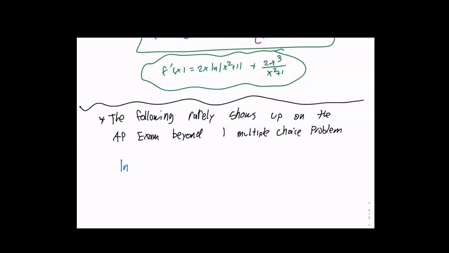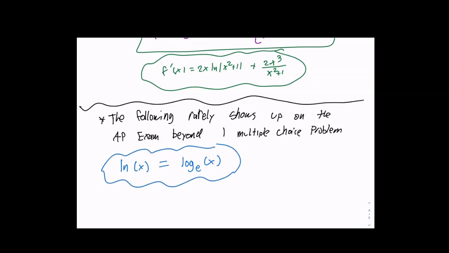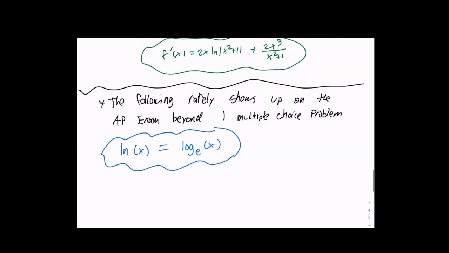The natural log of x is the same thing as saying log base e of x. These are the same. So when we say natural log, we're referring to the base of the logarithm as being base e. Okay?